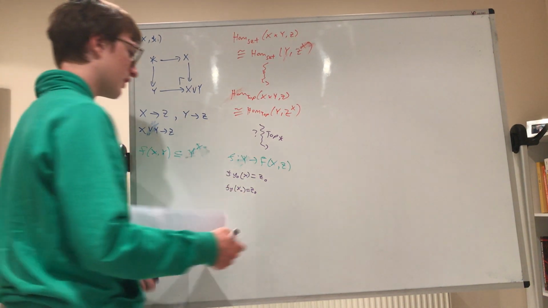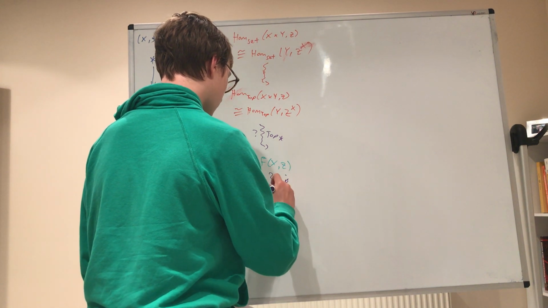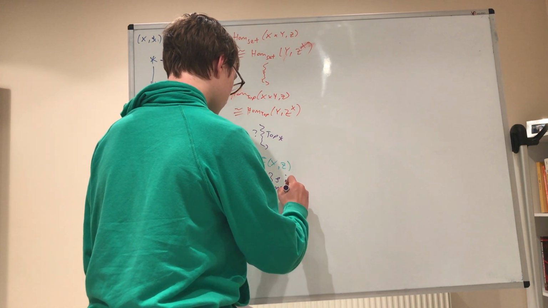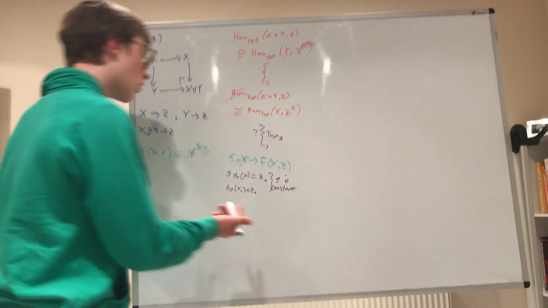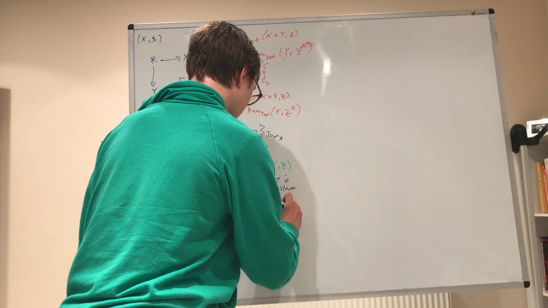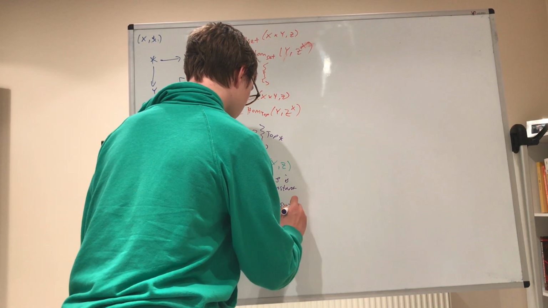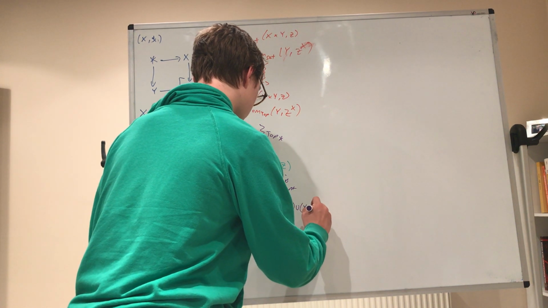So what this is saying is f is constant on the following union, X cross x0 union Y cross y0.